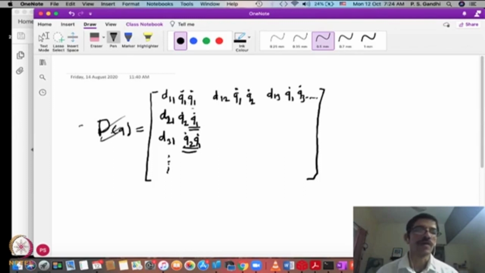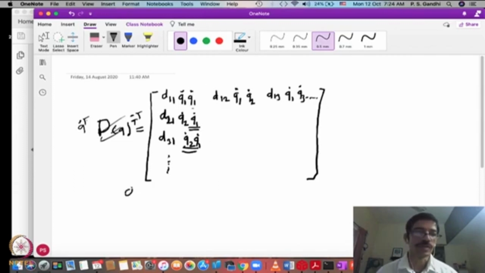So you will also have q dot transpose D q q dot. That kind of expression we are writing, but we are not writing the plus signs; we are just putting these elements in place so that we know which terms are going to appear when I do the partial derivative.